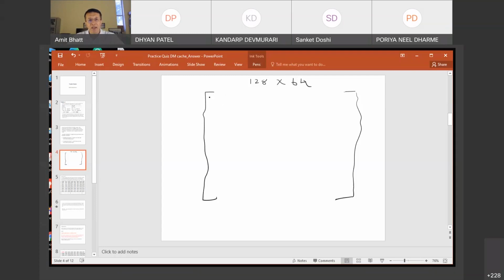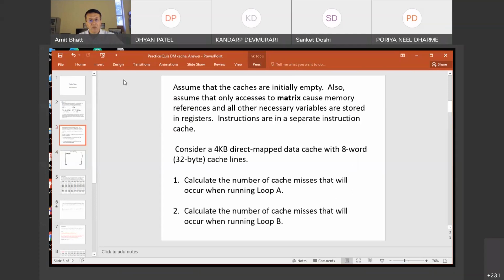So let me help you with the first one and the easiest one. The first element would be, with both i and j being 0 for the first loop, loop A, right?